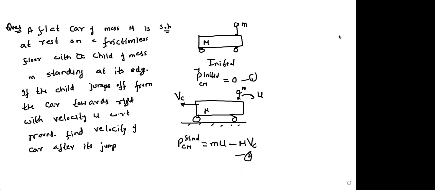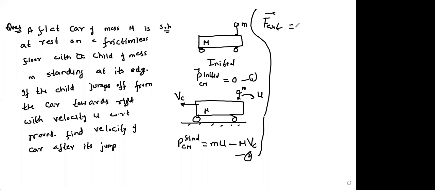Now check this question and tell me, is there any external force acting on the system? Just read the entire statement and see. Is there any information about an external force? No. The system consists of only the car and child, and when the child jumps, the force exerted by the child on the car is internal, no external force.